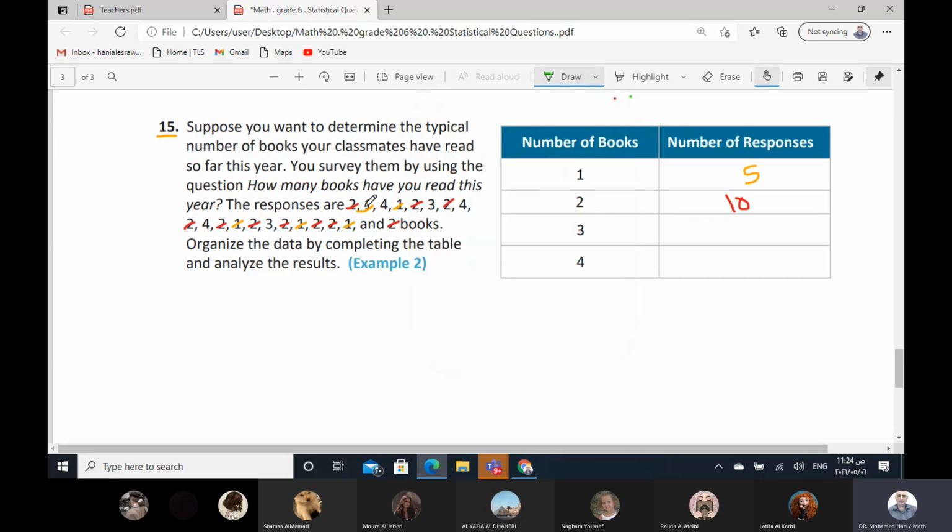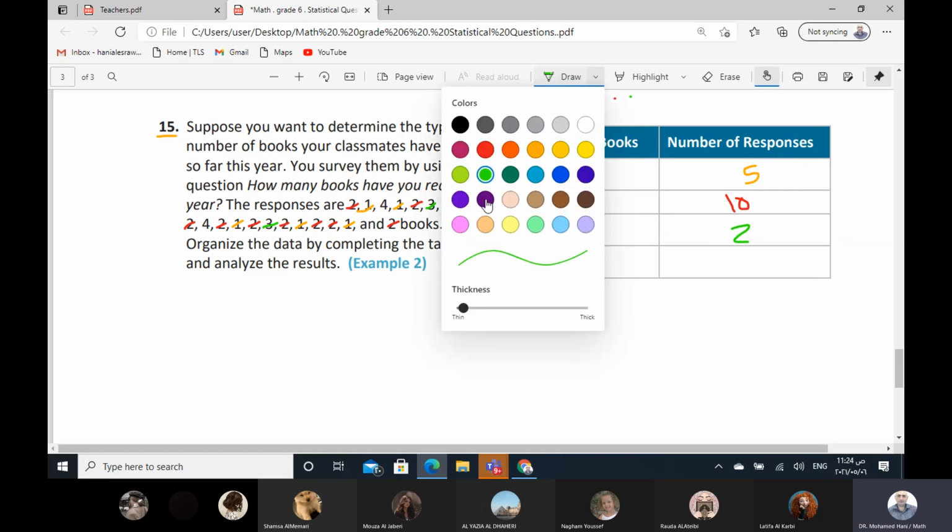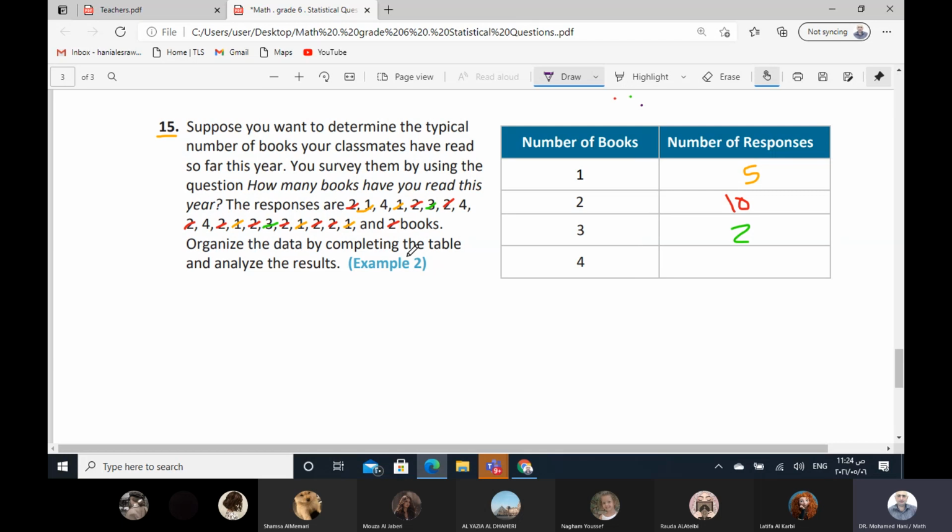Then number 3, you have here 1 and 2. Then number 4, we have here 1, 2, 3, 4. So at the most, here we have 10, number 2.